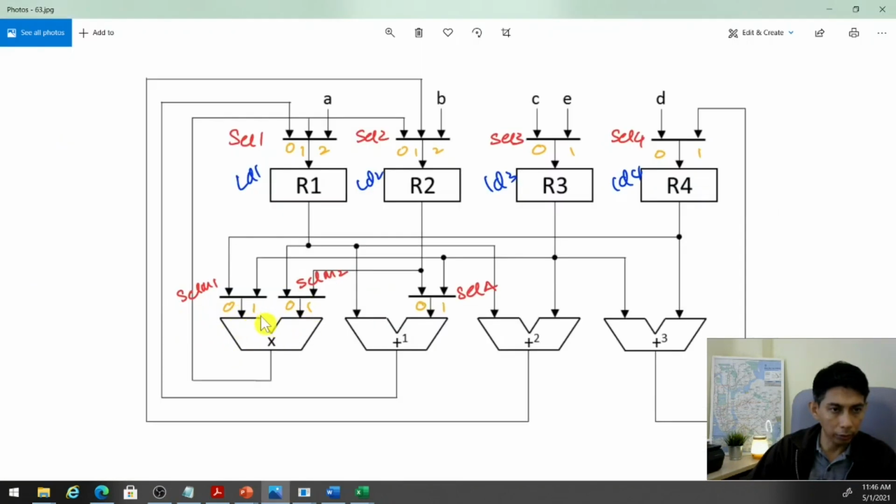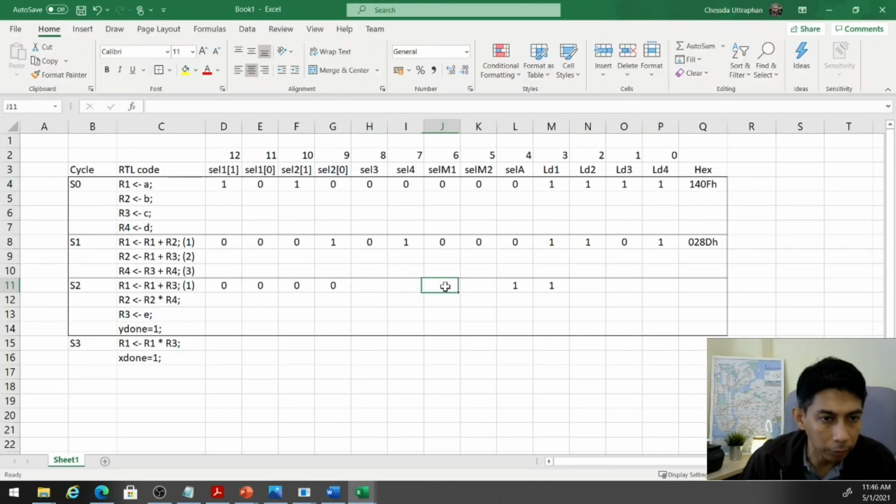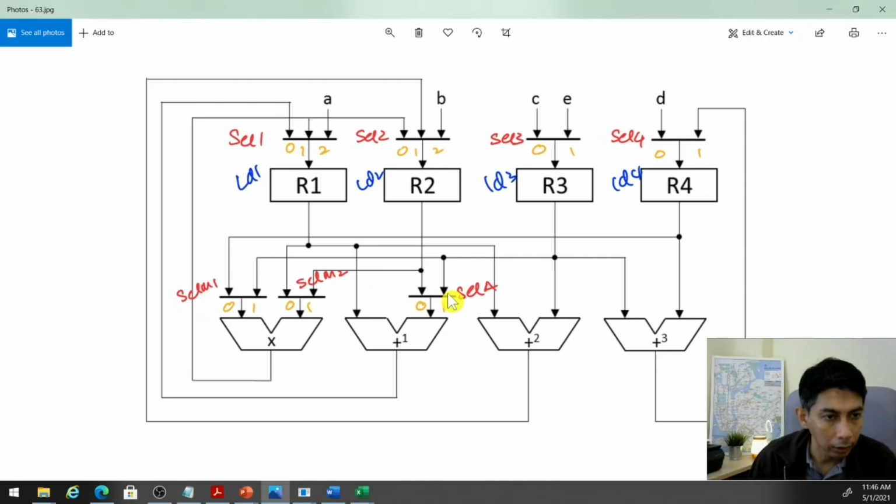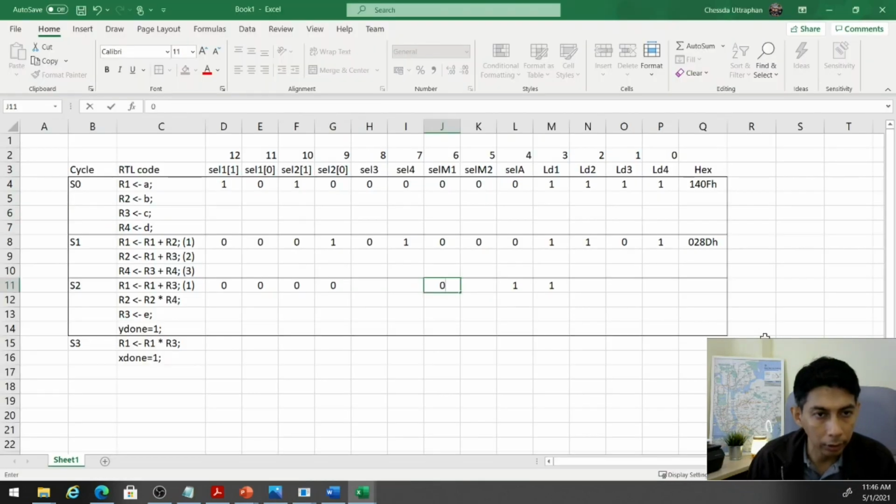We want R2 to multiply by R4. So here is R2, and here is R4. To get R4, SELM1 must be 0. And here to get R2, this should be 1. SELM2 should be 1.